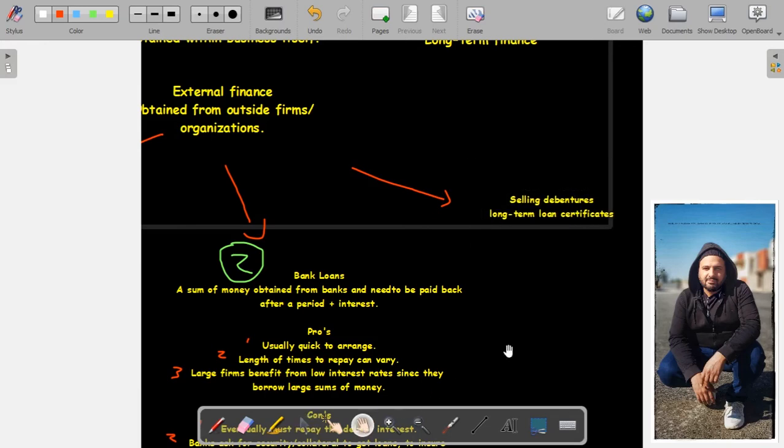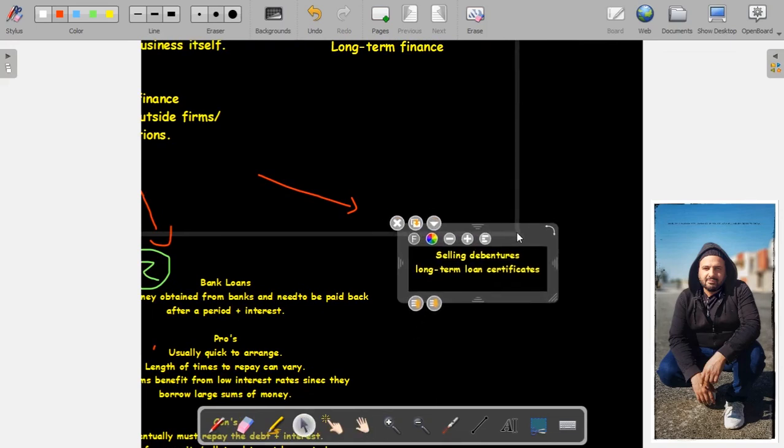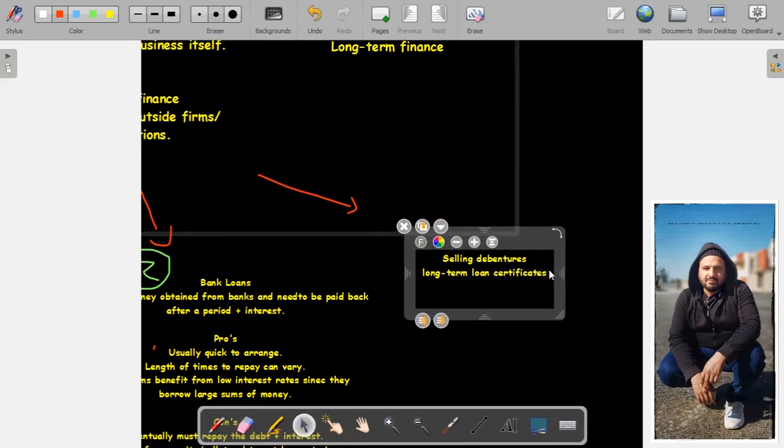So what do you need to know about them? First we're going to talk about the pros and then the cons. They have one advantage and one disadvantage. The first advantage, or the only advantage, is that debentures can raise very long-term finance.